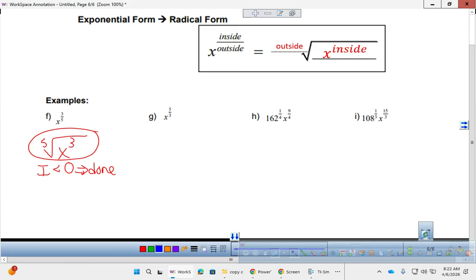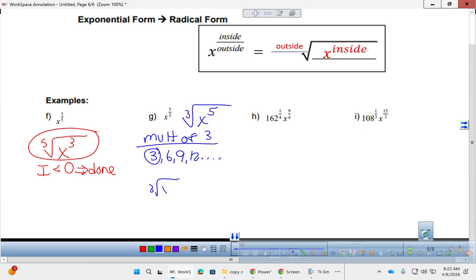For the second one, it's a fraction. If you have an exponent that's a fraction, then you have a root. The outside number is the denominator number. Don't forget to write the x. It's part of the problem. It doesn't go away. I can simplify this one though, because if I'm thinking of multiples of 3, 3, 6, 9, 12, so on, I want to make sure that I'm picking one below 5.